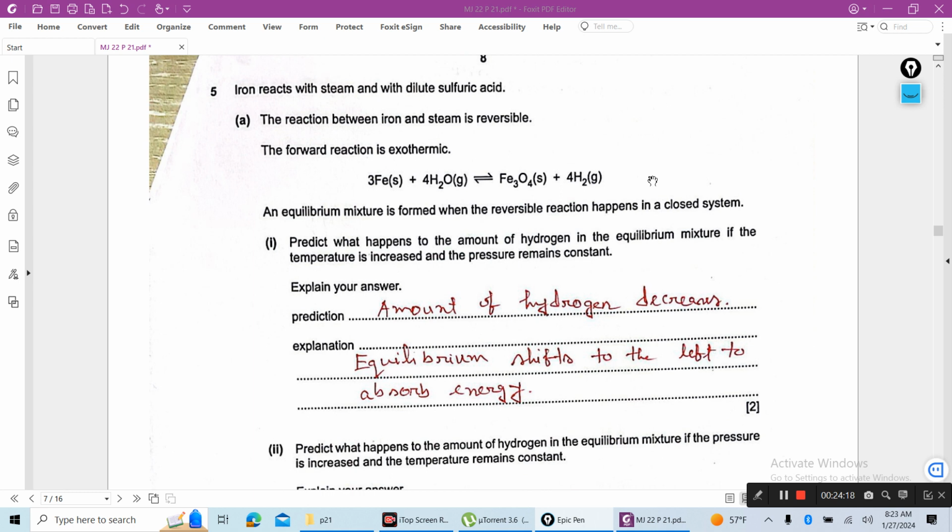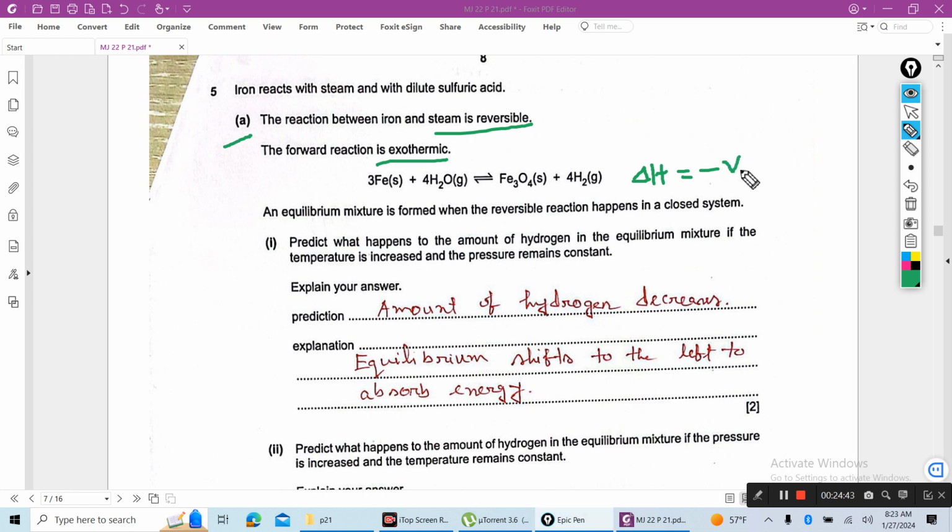Number 5. This is from chemical equilibrium. This is a reversible reaction and the forward reaction is exothermic, meaning delta H value will be negative.